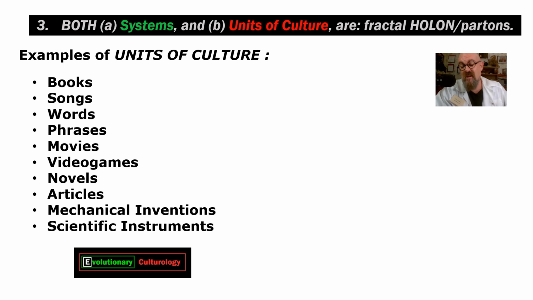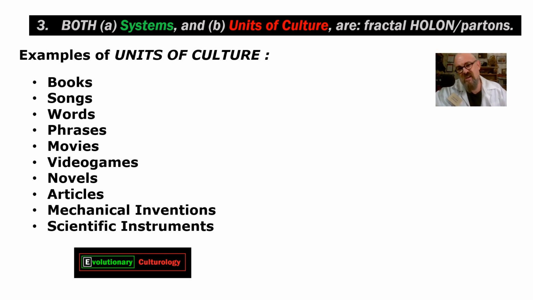Just some more examples of units of culture. Books, for example, the EvCult textbooks, songs, words, phrases, "I'll be back." Or "The first rule of EvCult is that you do not talk about EvCult."